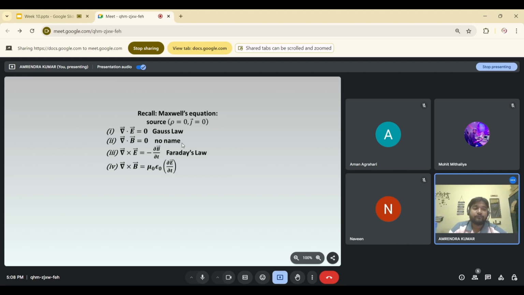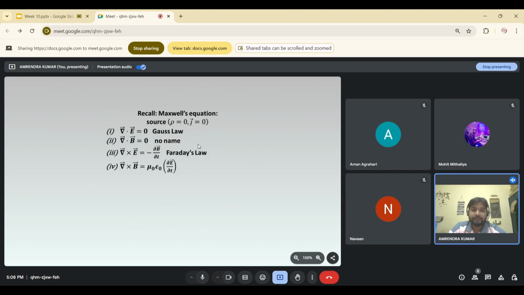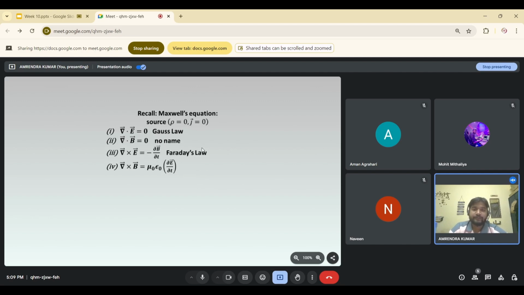What will become of that wave equation? So first, let us recall very quickly how we have derived it using the rho zero and J zero approximation. Not approximation, like there is no charge or there is no charge current. So it's a source-free Maxwell equation. Okay, so let us see what happens.